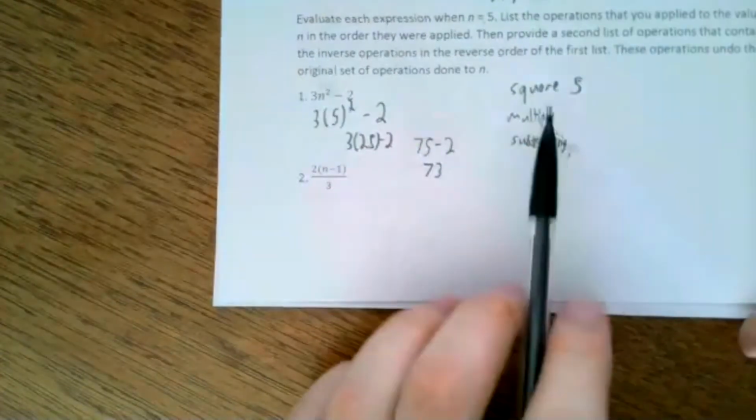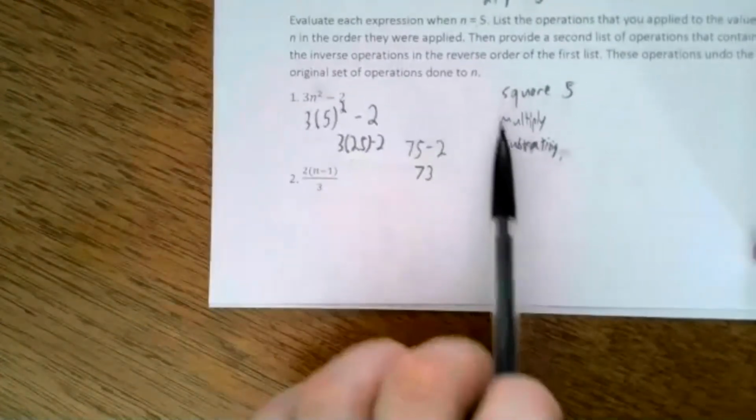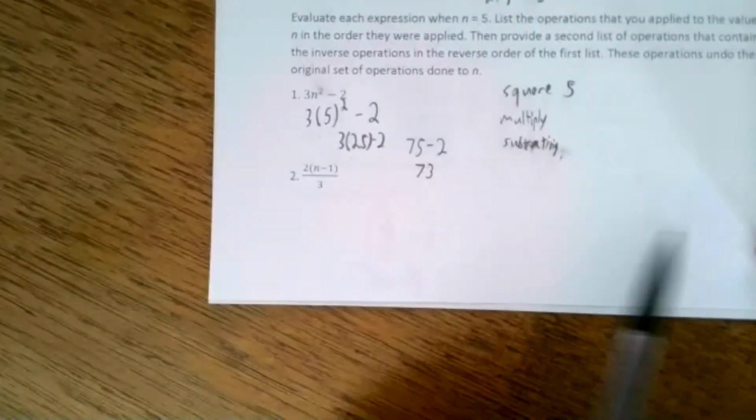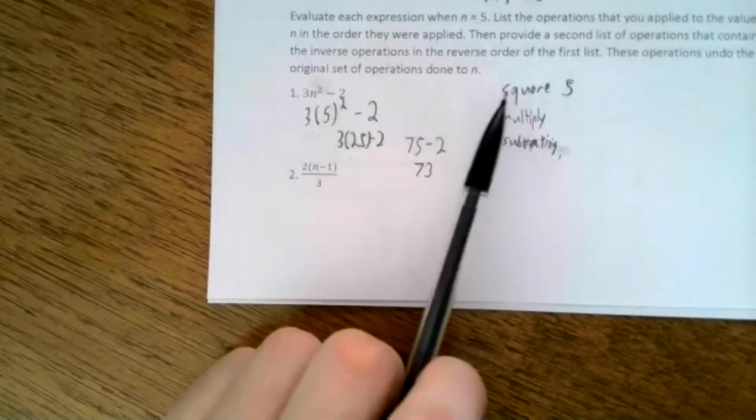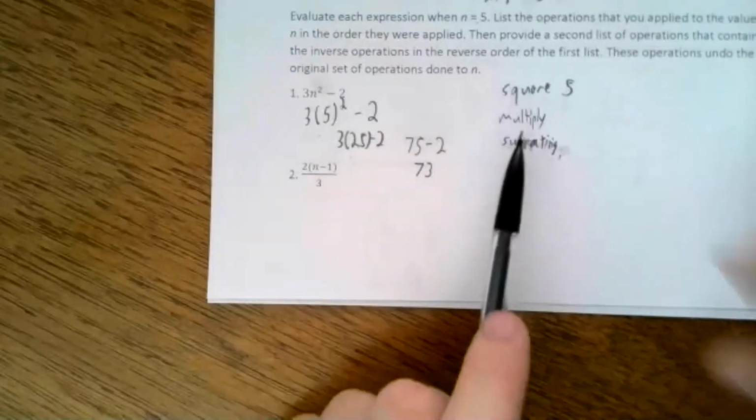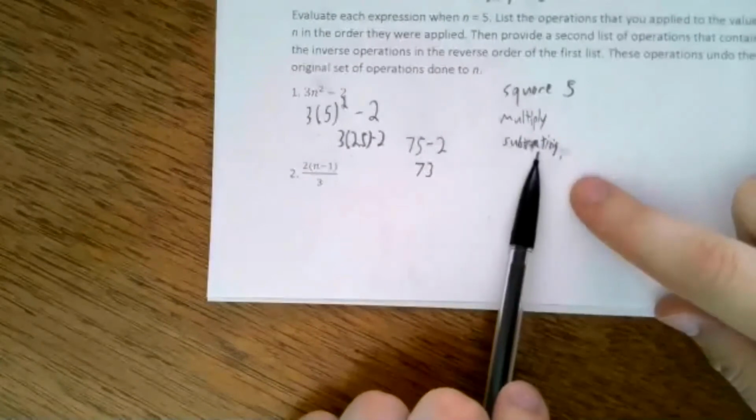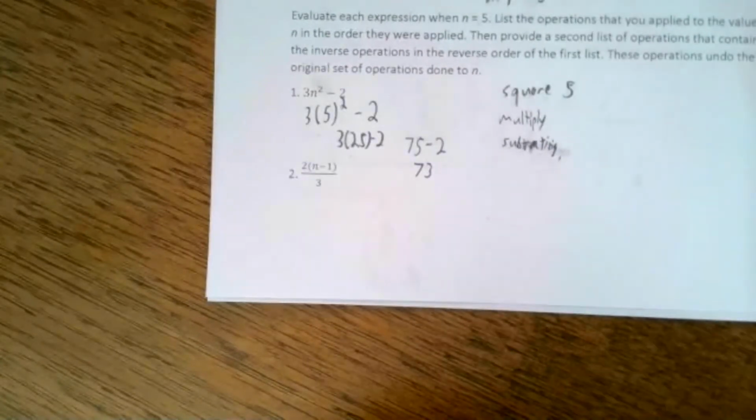Okay. Now I want to provide a second list, and I want to do that in such a way that we have the inverse operations in reverse order. So subtracting is here. So what's the opposite of subtracting? Add. Yeah, I'm going to add 2, right?